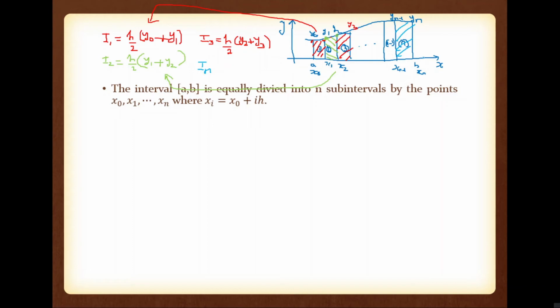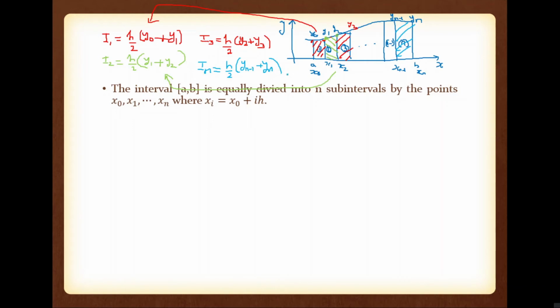So this width is also h, whose starting value is yn minus 1 and the ending value is yn. So what is IN? h by 2 into yn minus 1 plus yn. Very good. So if you are considering each piece, the area under that particular segment is shown here.